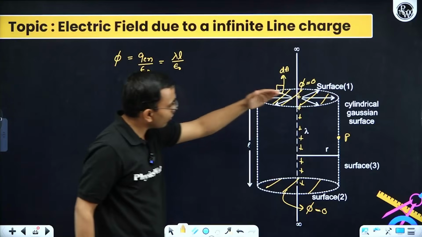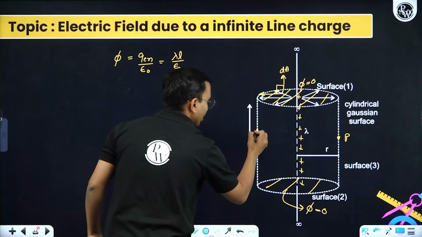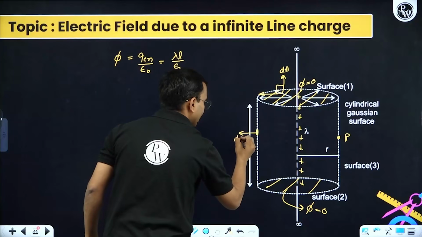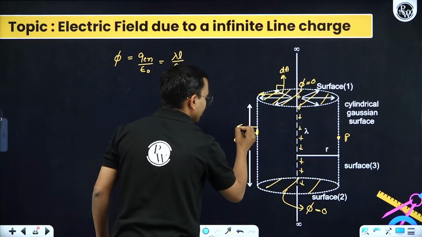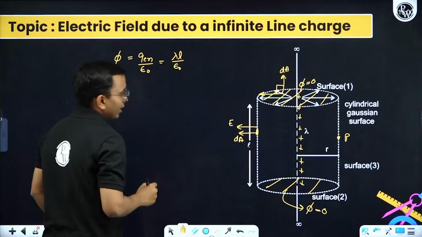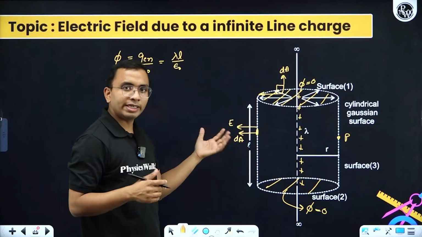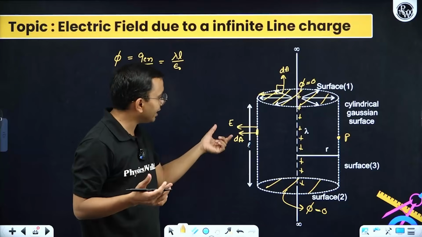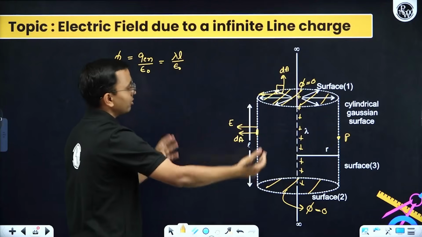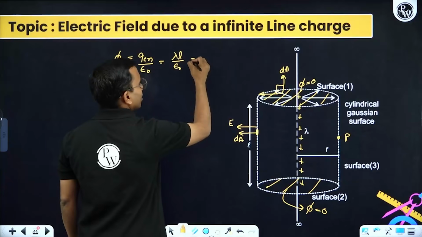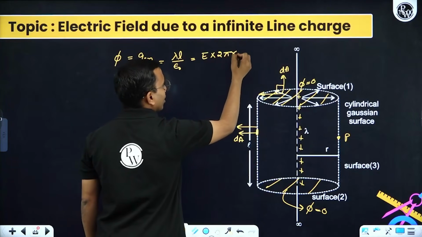Now due to this curved surface, if I take any dA vector on this curved surface, this is my dA, and from symmetry the electric field will be directed away only. This is the electric field. E dot dA, the angle is 0, so E dA cos 0, that is 1, so E dA, and when you integrate, because E is the same everywhere, it will become just E into A. So E into A, the curved surface area 2 pi RL.